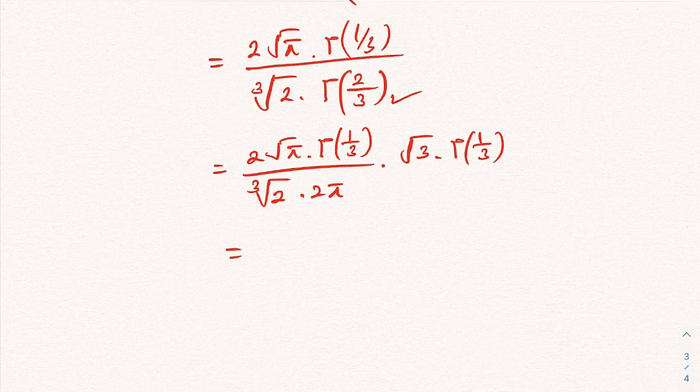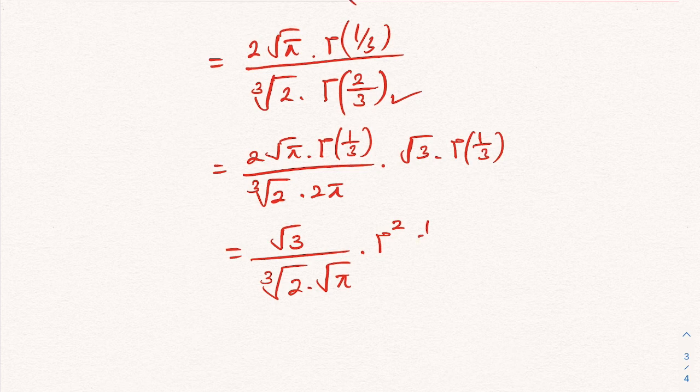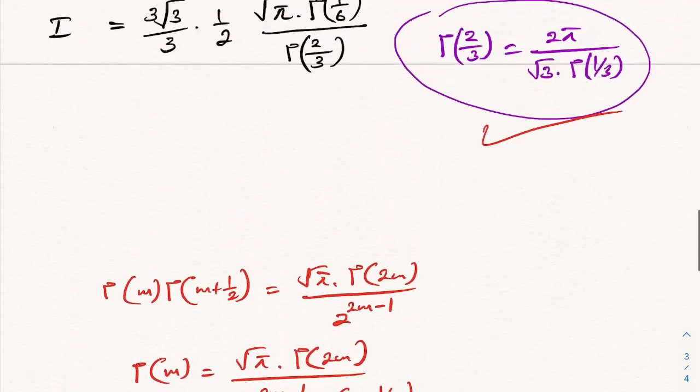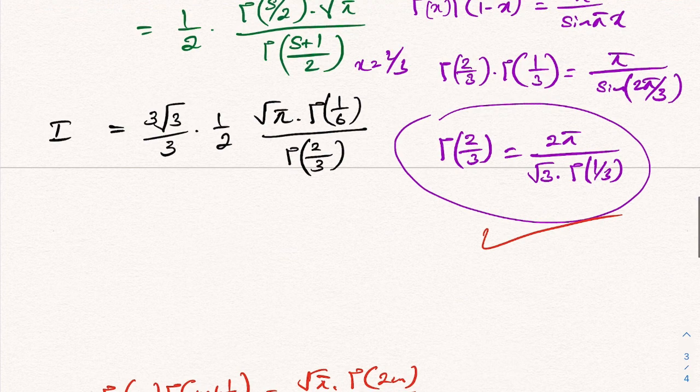We know square root of pi, here pi, so square root of pi gets cancelled, and we have here square root of 3 over cube root of 2, here again square root of pi times gamma square of 1 over 3. Well, now we find the value gamma of 1 over 6 and also gamma of 2 over 3.